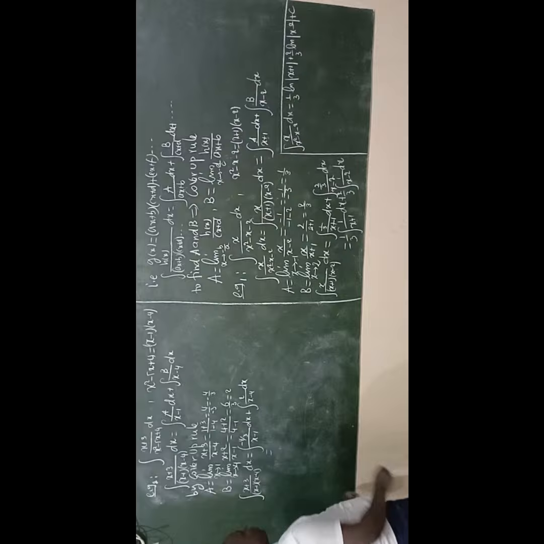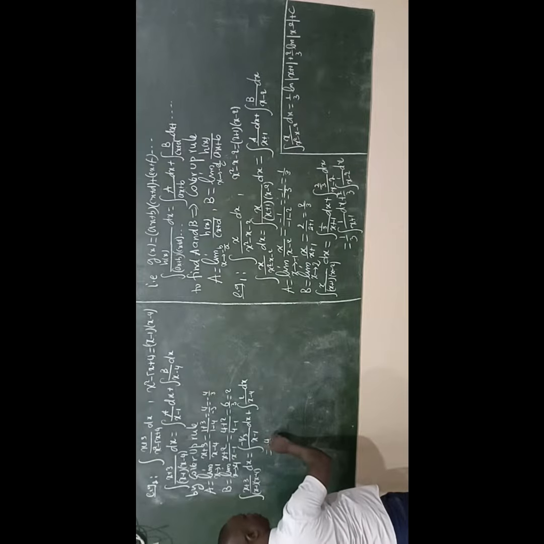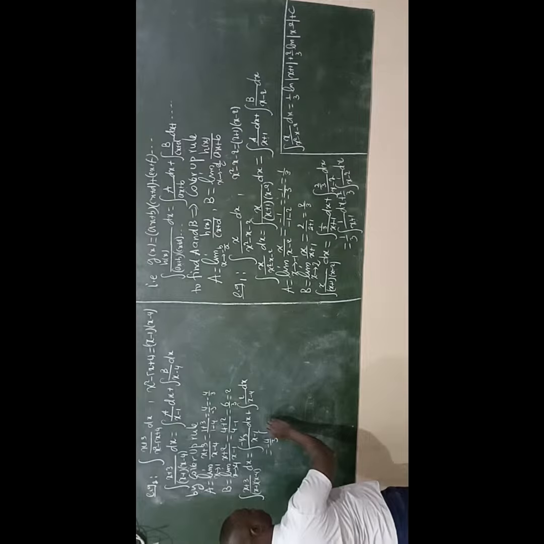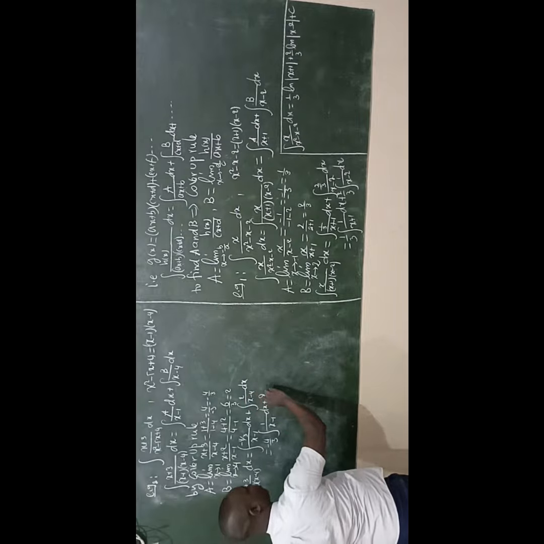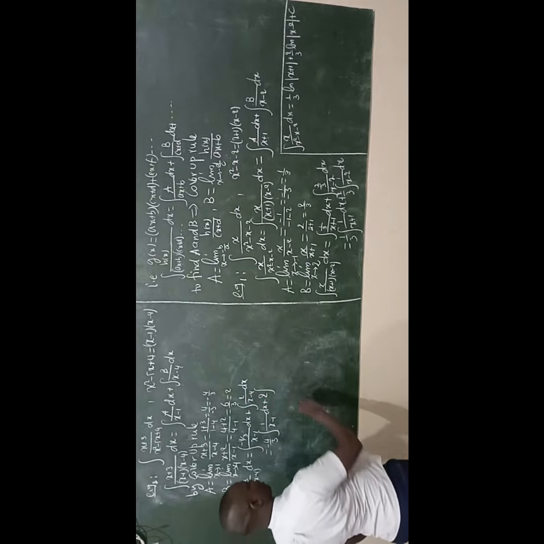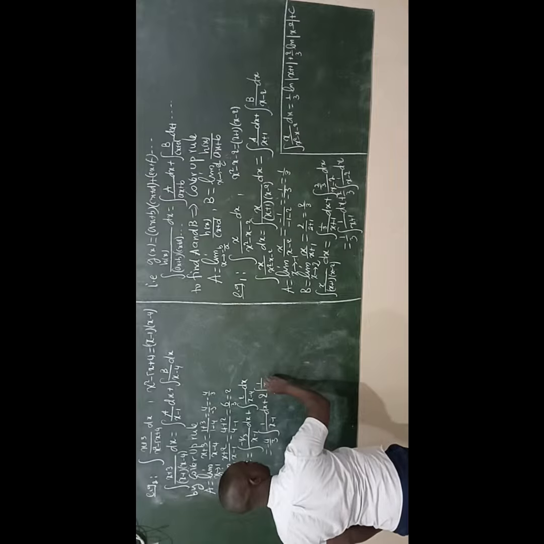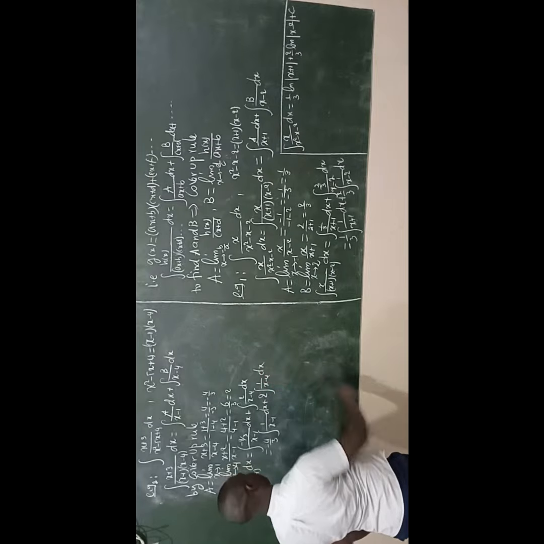We take these constants out of the integral sign to have minus 4 over 3 times the integral of 1 by x minus 1 dx, plus 2 times the integral of 1 by x minus 4 dx.